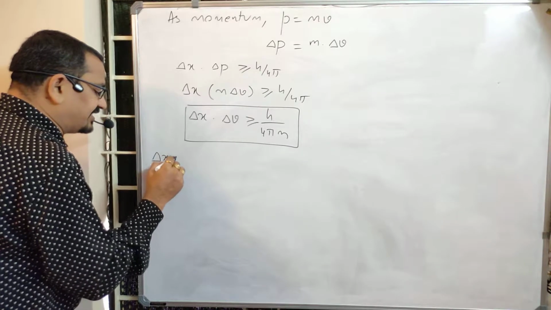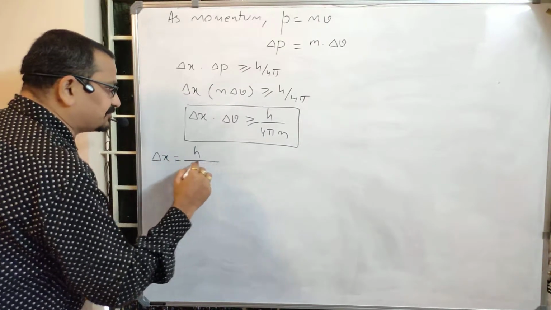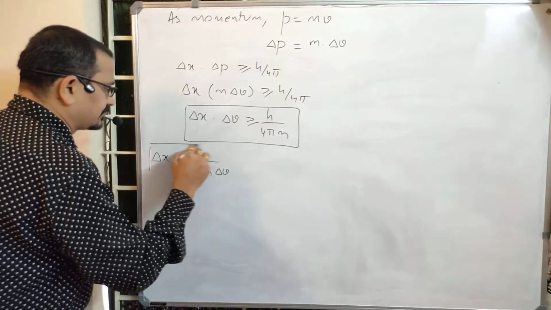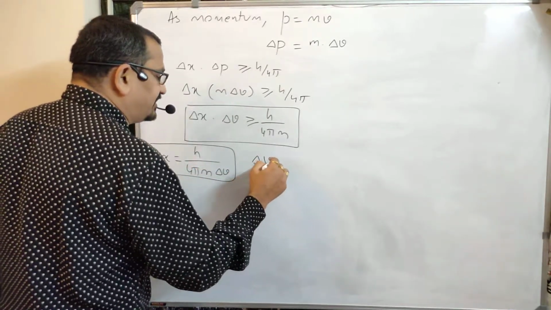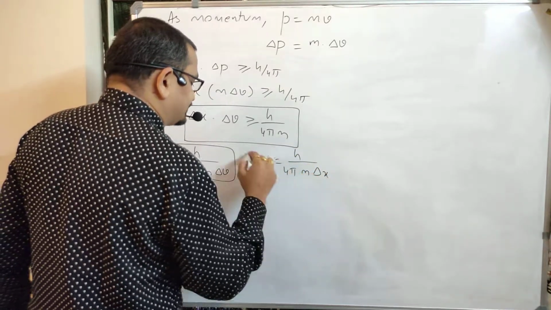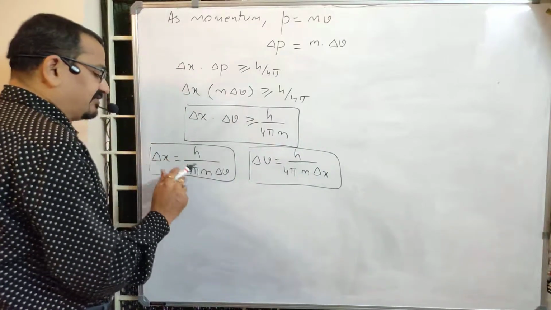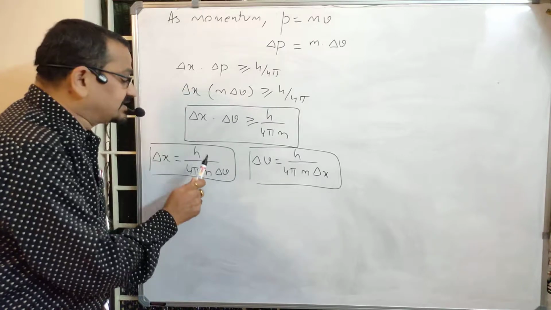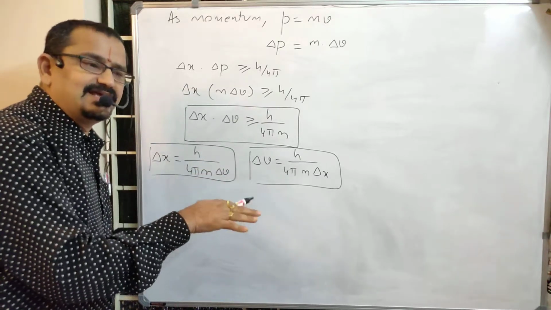We can get different expressions. Delta x equals h by 4 pi m into delta v. Similarly, delta v equals h by 4 pi m into delta x. In this way, if the velocity of a moving electron is certainly known, its uncertainty will be 0.